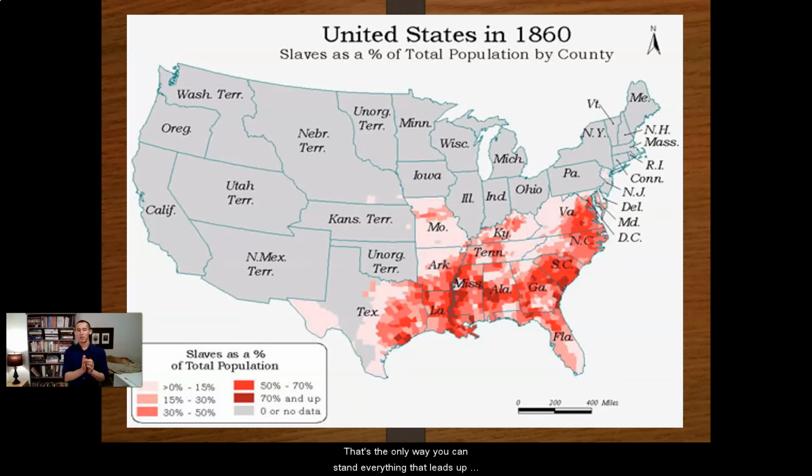That's the only way you can understand everything that leads up to the Civil War. And we know that the South, there are still people that say slavery was not important, and it was important because cotton was important. And we know how many slaves there were because this is just census data. States, they reported how many slaves there were.